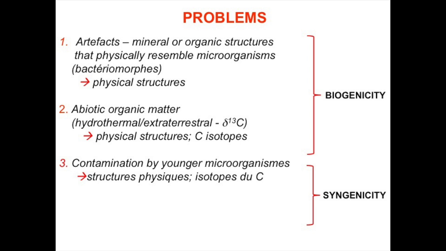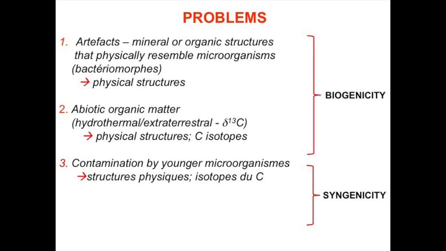The problems are that there are some mineral and organic structures that can look like fossilized microorganisms, but aren't. They physically resemble these fossilized microorganisms. And then, as I mentioned, especially with respect to the carbon isotopes, organic carbon, when it's very, very old, it can have the same isotopic composition as abiotic carbon.